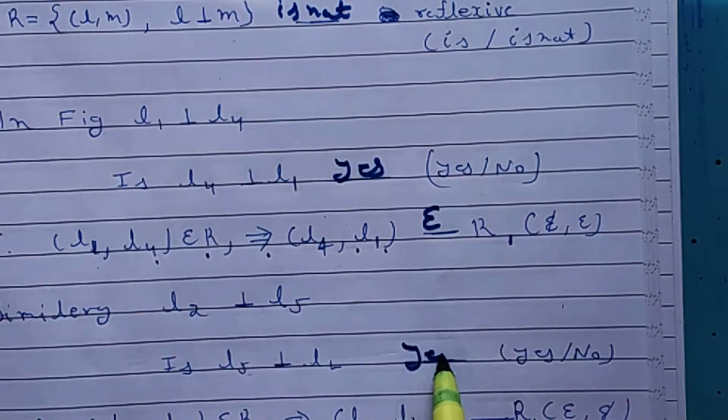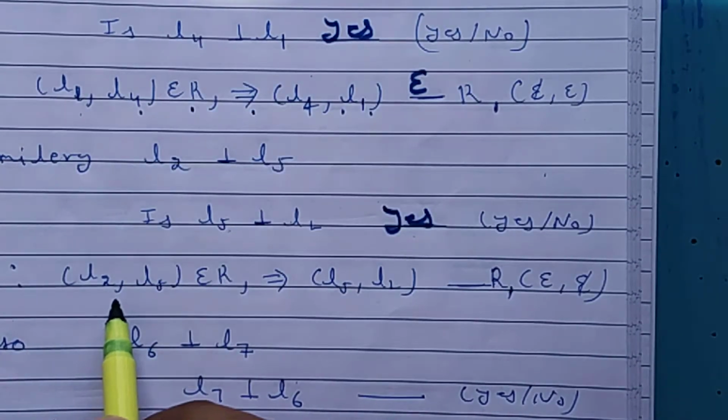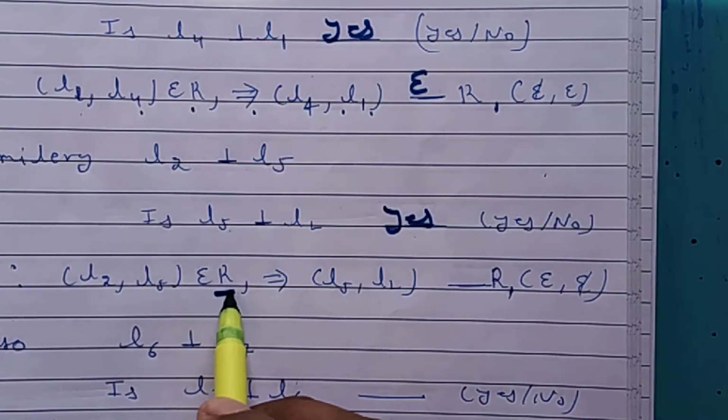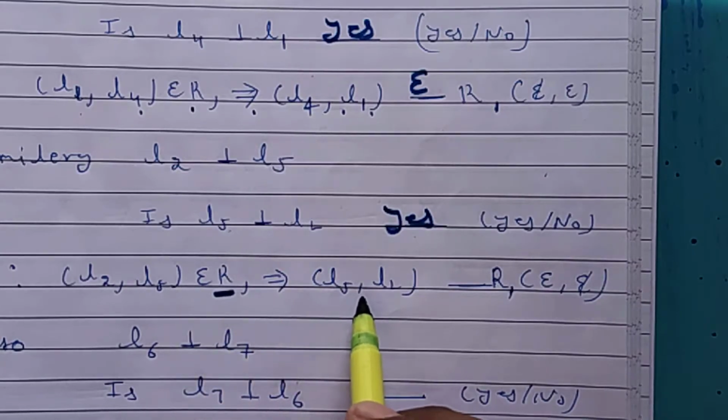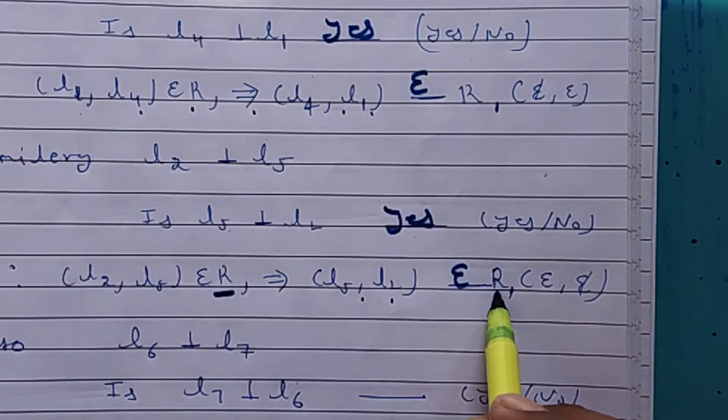Yes, it is perpendicular. So for the symmetric relation, (L2, L5) belongs to R, then (L5, L2) also belongs to R.